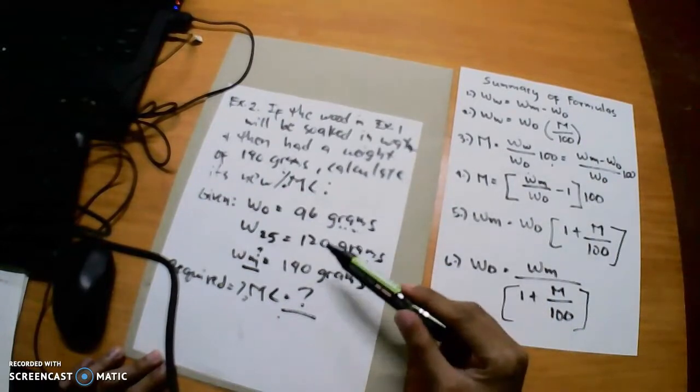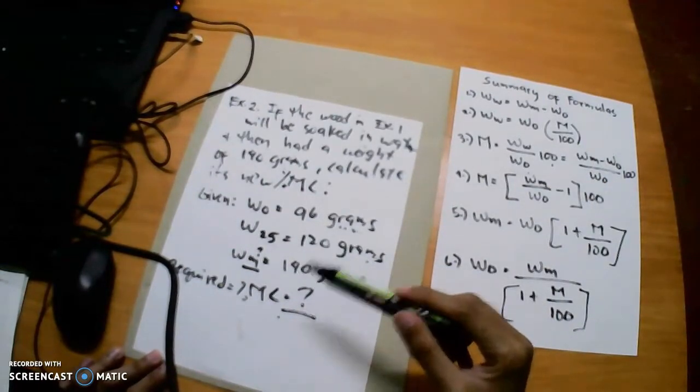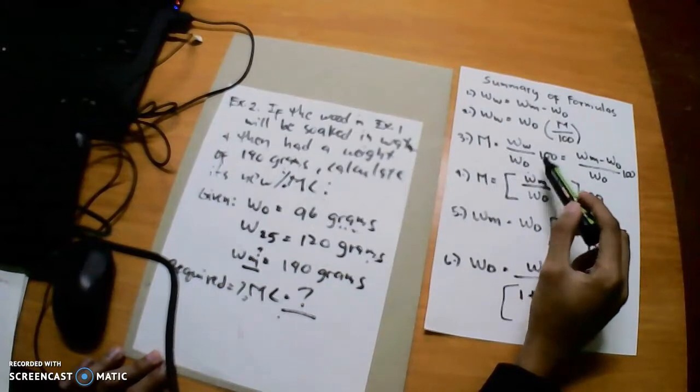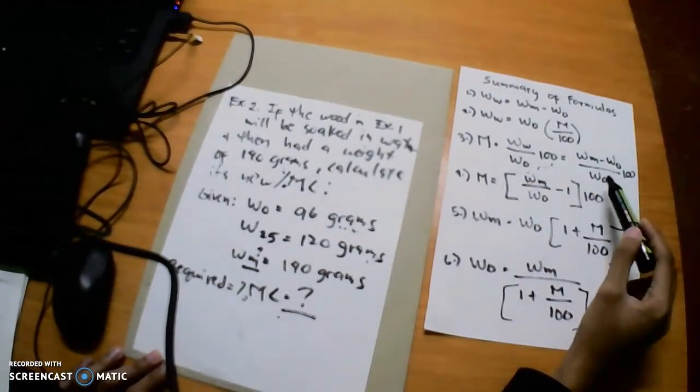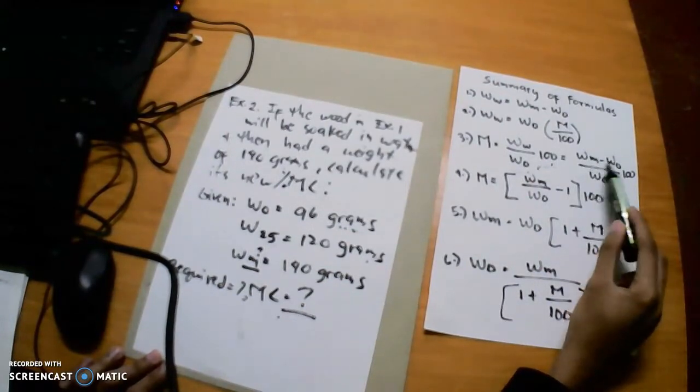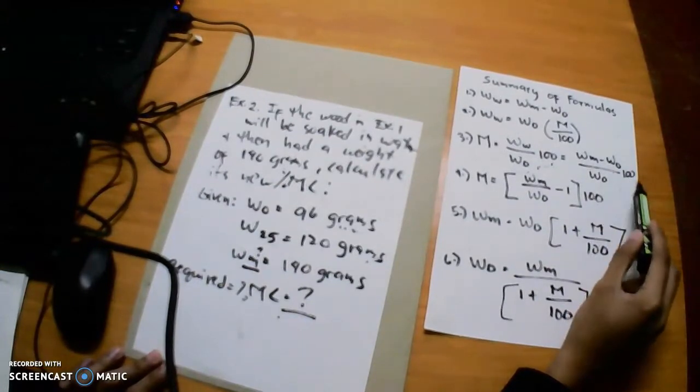Since we have no given weight of water, we will not use that formula. Let's try this one. Okay? WM minus WO over WO times 100.